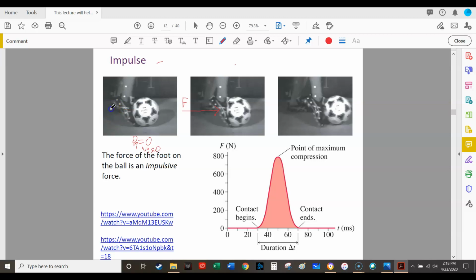I shouldn't say it's a constant force. Maybe it was a smaller initial force there. Now the force is being maximized, and now the force is decreasing over time, and that's because the ball is being reformed, okay? So this is at t equals 0.